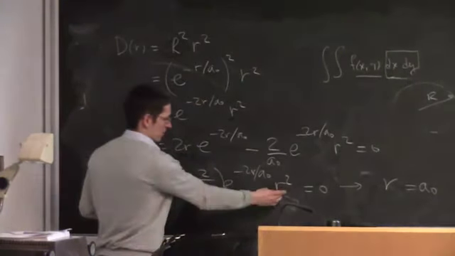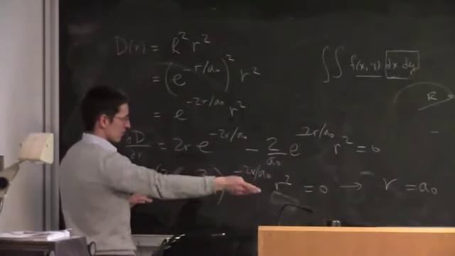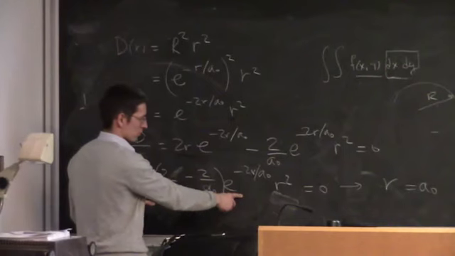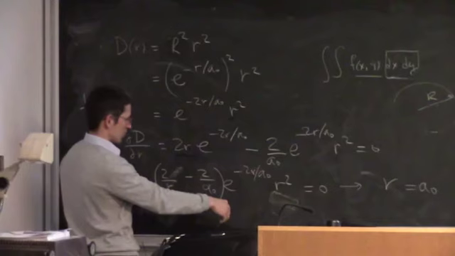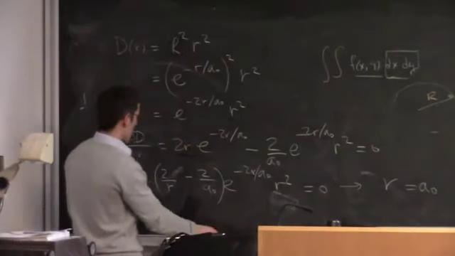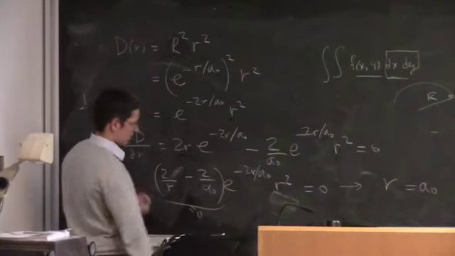So for this thing to be 0, either r must be going to infinity, right? Then the exponent is 0, or r is equal to 0, or this bracket is 0 essentially. Okay.